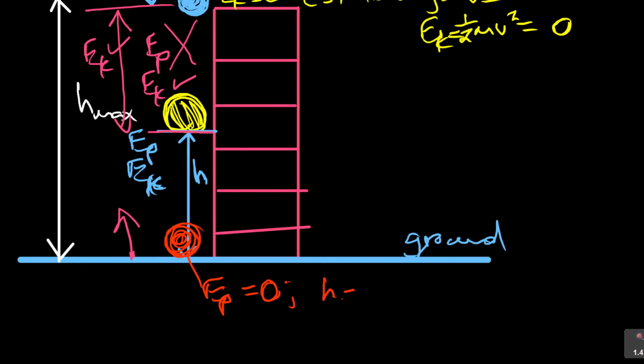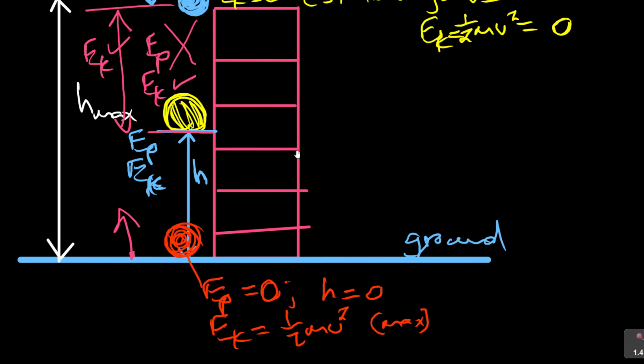The height above the ground now is 0. But this object's EK is equal to half mv squared. This is the maximum. So this is our maximum kinetic energy. See? So at this moment, the kinetic energy is at its highest.